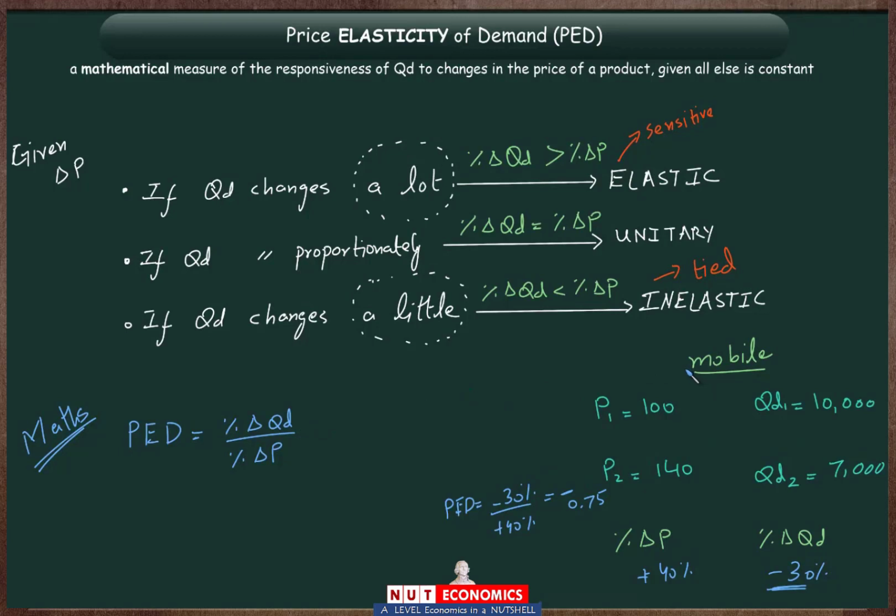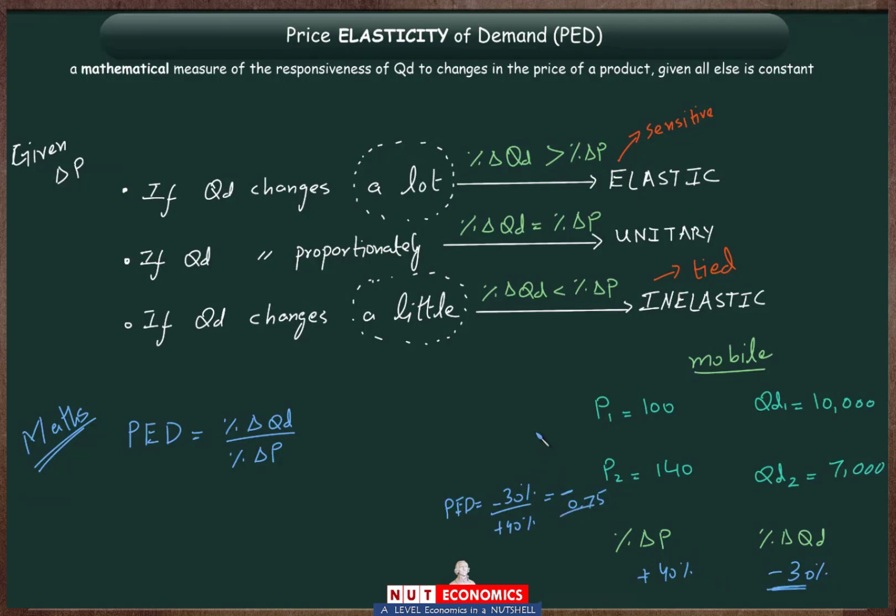Now sometimes you will be required to do these calculations, but those are considered to be simple MCQs. The examiner will tell you the two prices, the change in quantity. You just need to perform this mathematical step of measuring the percentage changes, apply this formula, you will get your answer.